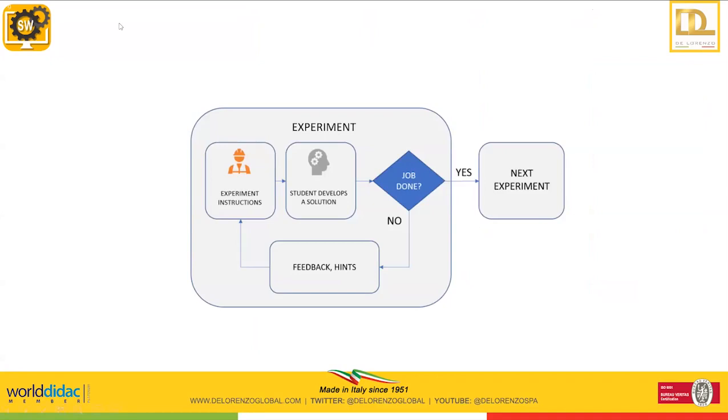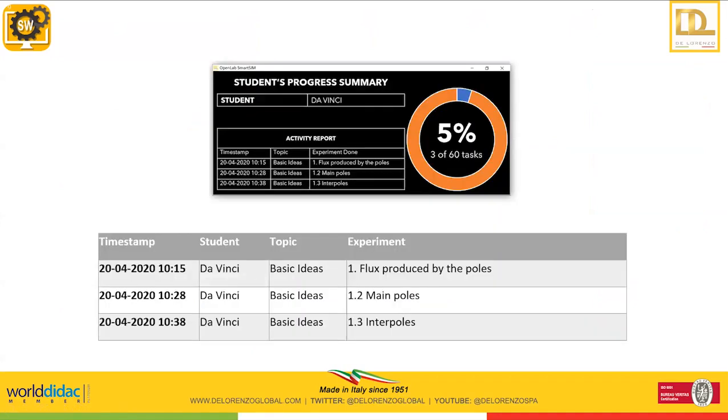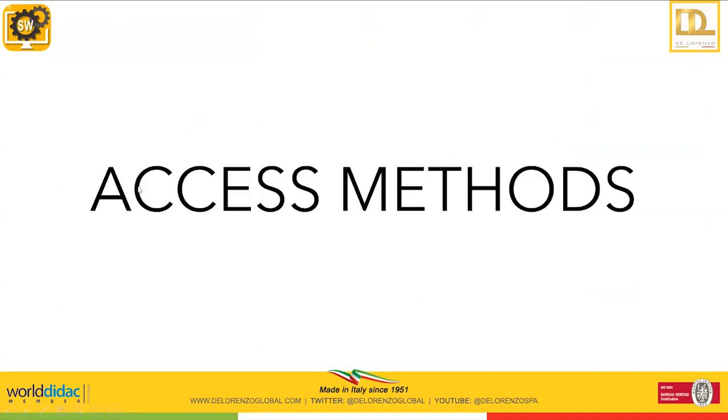In every experiment, he gets instructions, works on it, and asks for validation. Is it okay? Next experiment. If it's not, he gets some feedback to identify where the problem is. At any time, the professor can verify the progress of the student, and has a detailed report on what the student did and at what time.